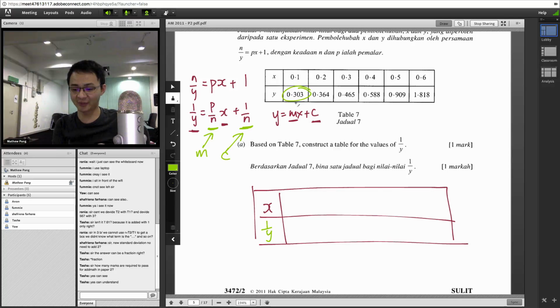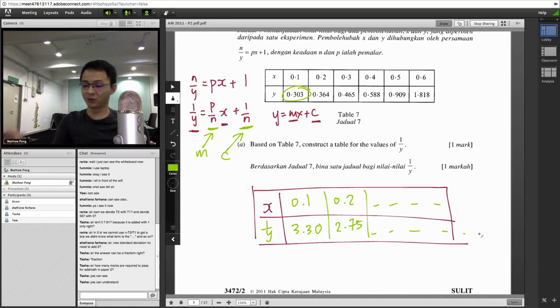So 1 divided by 0.303. You will get 3.30 and x is 0.1. And then the next one you will do the same thing. 1 divided by 0.364, and then you will get 2.75. And then you continue until the end.